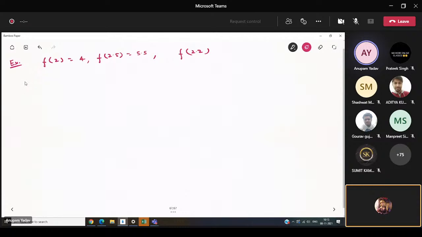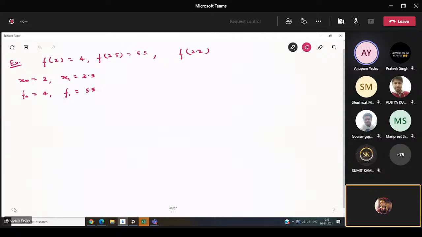So what is our x naught here? x naught is 2 and x1 is 2.5, and f naught, that is f of 2, is 4, and f1 is 5.5.